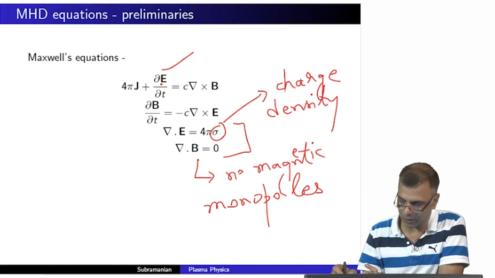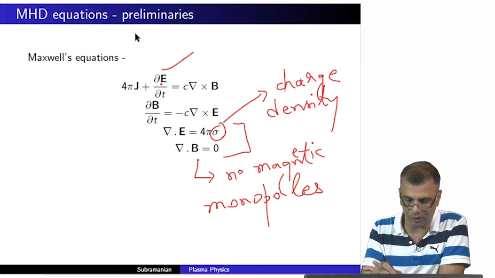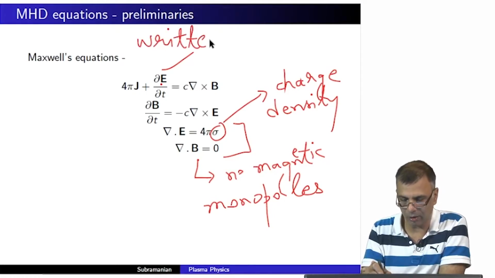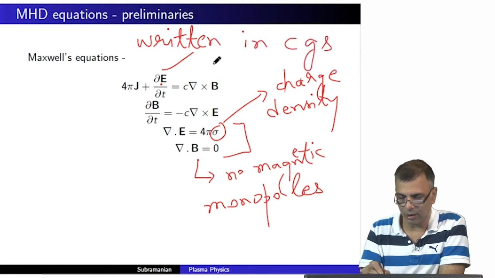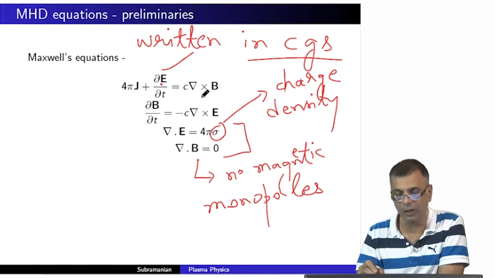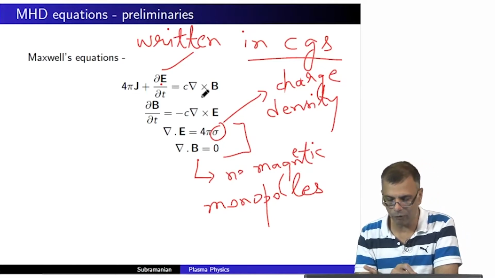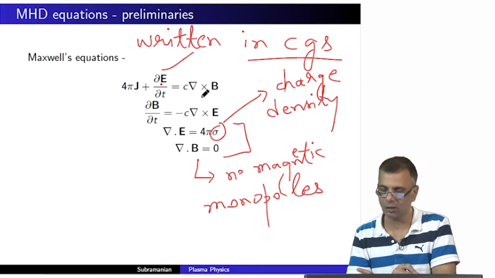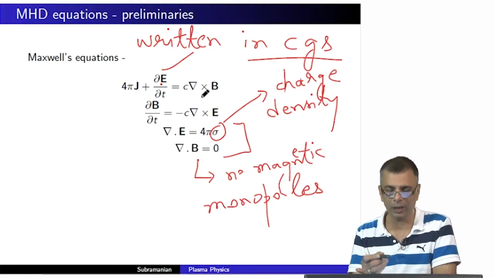And I must emphasize that all of these equations are written in CGS. Okay. That is why you see the appearance of c, like the speed of light. If you are writing this, you can equivalently write these things in SI units.